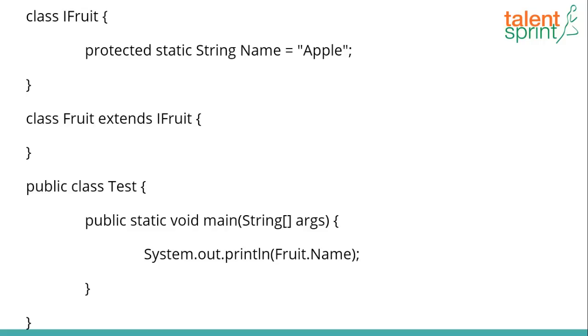The question is, in case of protected, whether we'll be able to access this or not. Bhushan says name is static and hence it cannot be referred through a static context. I think you meant to say through a non-static context. We are not referring to it through a non-static context. We are referring to it through the class name, and class name can refer to a static member like we did before.